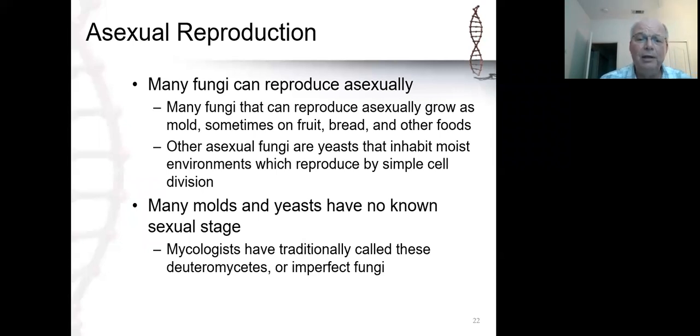And so these fungi got labeled as imperfect fungi, or in terms of Latinizing that, fungi imperfecti. There was a point in time when there was a consideration of creating an actual phylum to put these in, and they became known as Deuteromycota or Deuteromycetes.